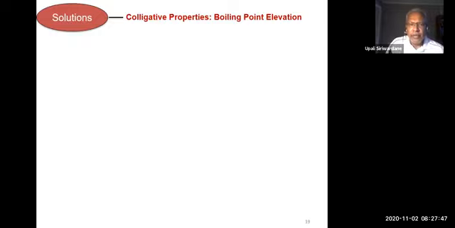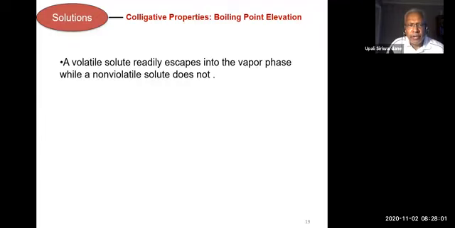So we're going to look into the colligative property, boiling point elevation. When you dissolve a substance in water, the boiling point is higher than pure water. A volatile solute readily escapes into the vapor phase, while a non-volatile solute doesn't.